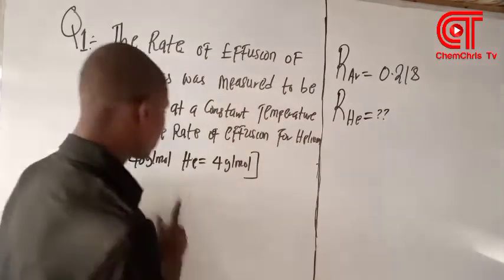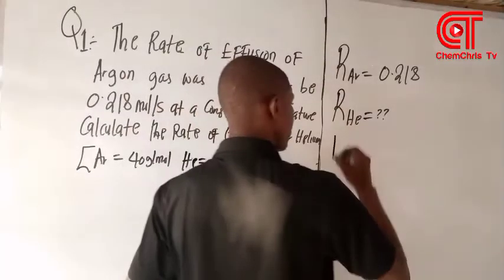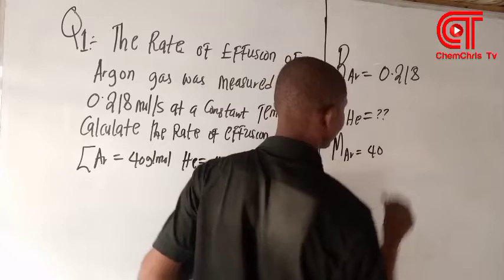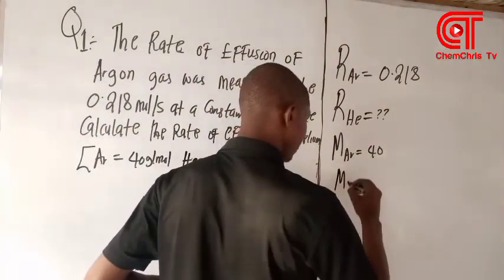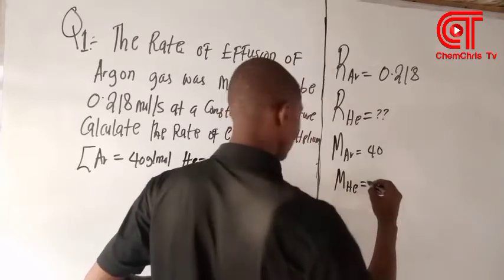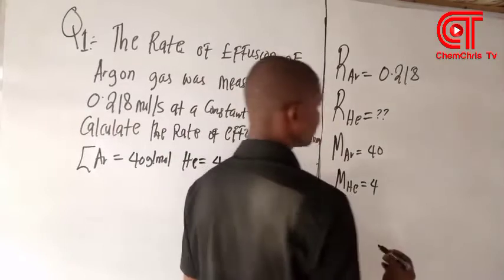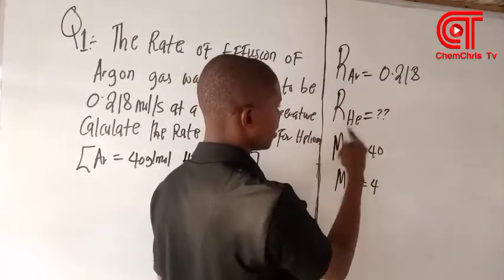Now they went ahead to give the molar mass of argon. So here we have the molar mass of argon to be 40 gram per mole. The molar mass of helium is 4, right? So it means I want to use the two gases, argon and helium, in this formula here.